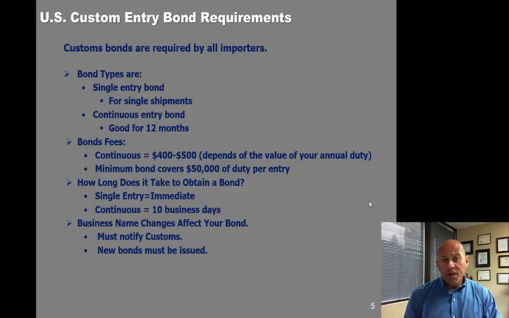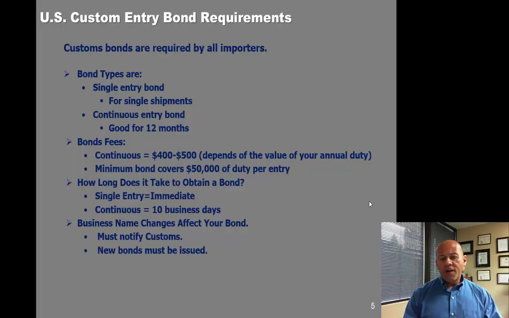So the two types of bonds are a single entry bond and a continuous bond. Basically, if you were only doing one shipment a year, you may use a single entry bond. A continuous bond is good for 12 months. The average bond price is about $400 to $500 depending upon the product that you're bringing in.